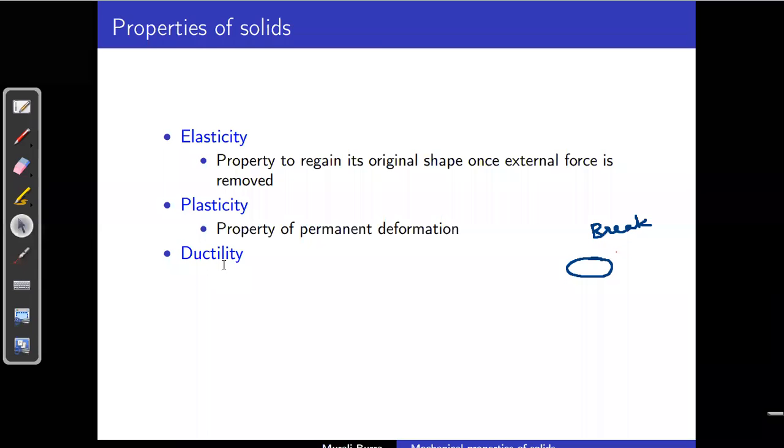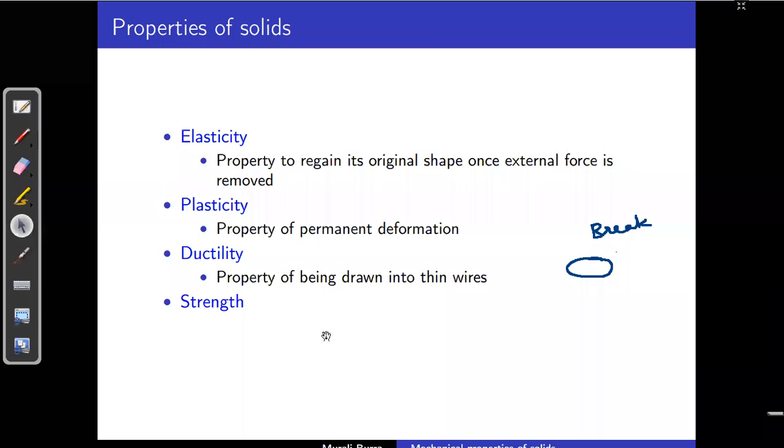Such a property of material we call ductility, the property of being drawn into thin wires. Gold, silver and platinum are made into thin wires. Such materials have the property called ductility, another mechanical property.